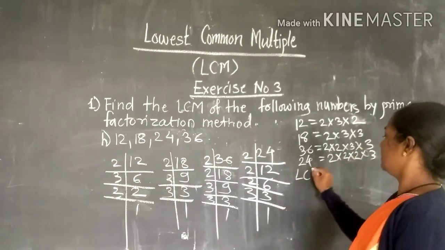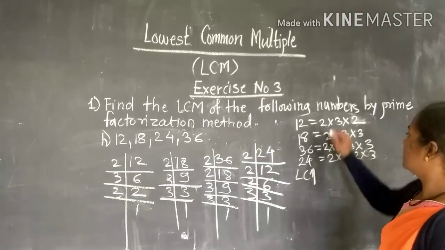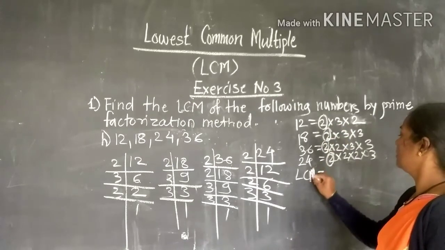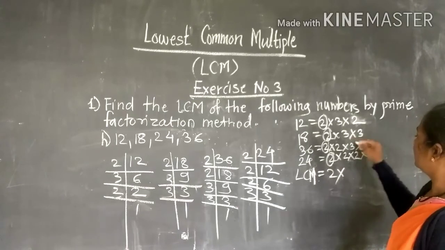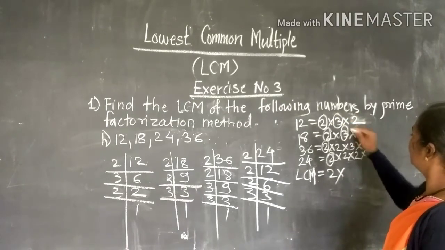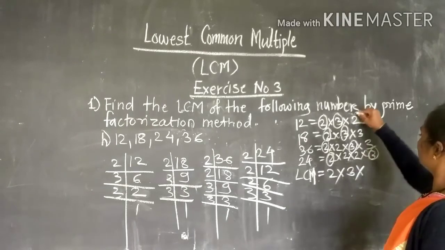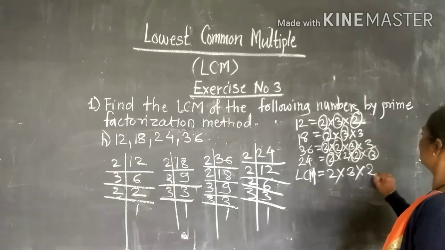Now for the LCM, what do we have to do? We have to take the common numbers. 2, 2, 2, 2: write it one time, 2. Then this 3, write down 3. Now 2, 2 and 2: write down 2.